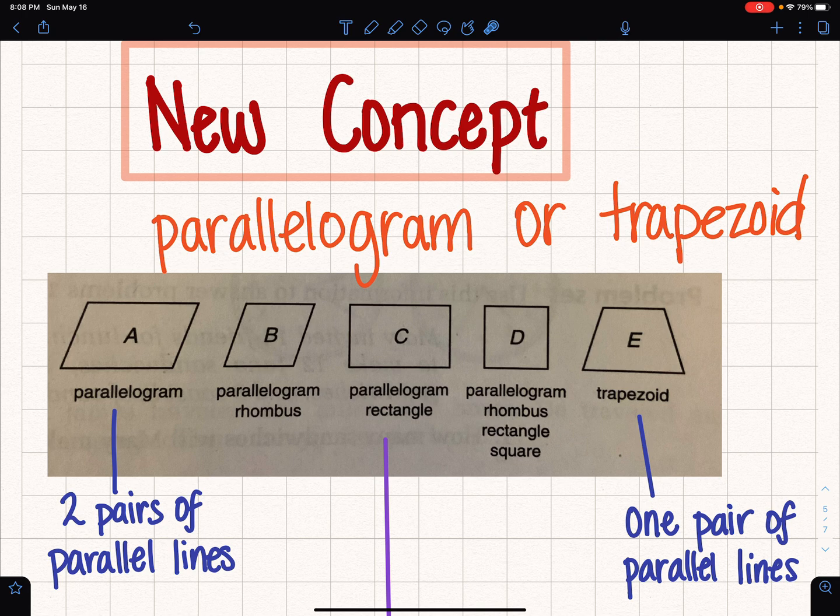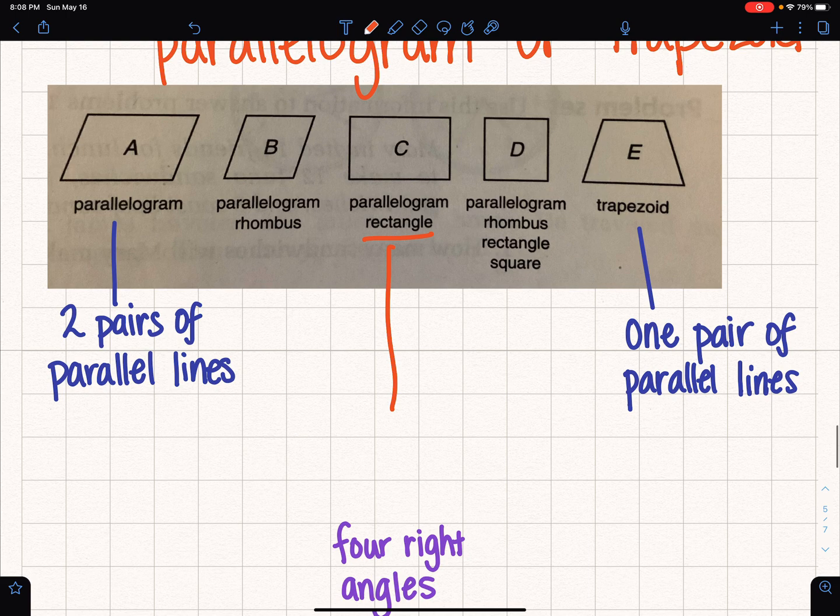Okay, now what else? So it's either a parallelogram or a trapezoid, so that's important. That's the first step. But what else is important? A rectangle. See the word rectangle? Rectangle means it has 4 right angles.